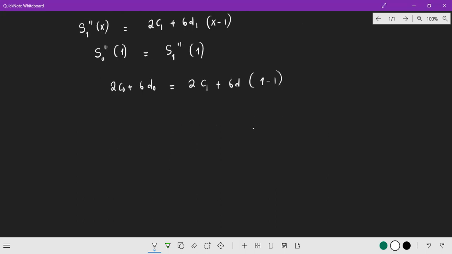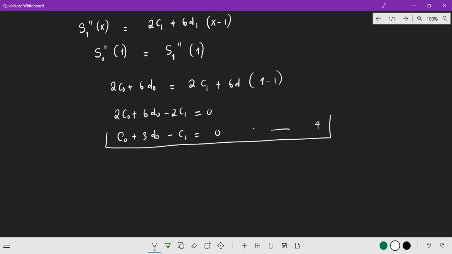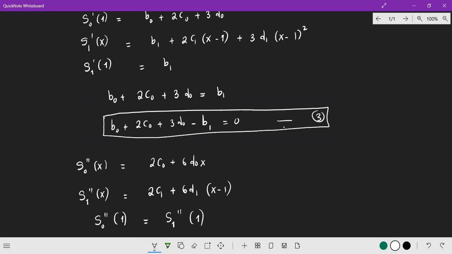So what we have is 2c naught plus 6d naught minus 2c1 equal to 0. So I have c naught plus 3d naught minus c1 equal to 0. So this is my equation number 4. Remember that we have 6 unknowns so far, so we need to have at least 6 equations.